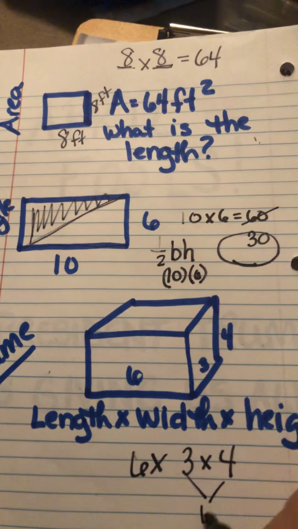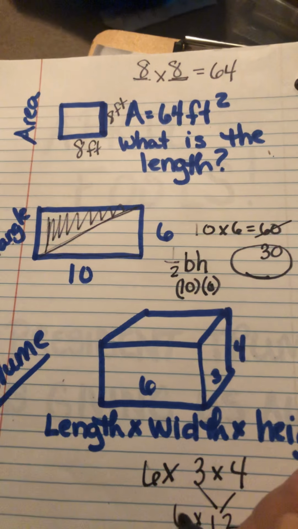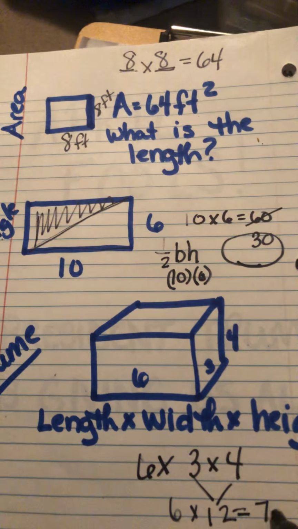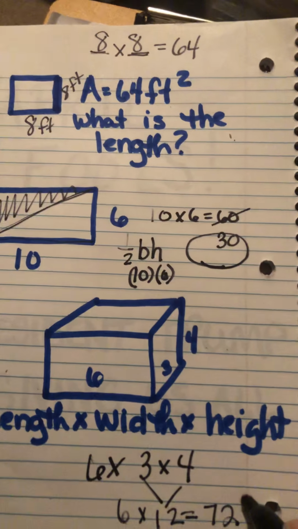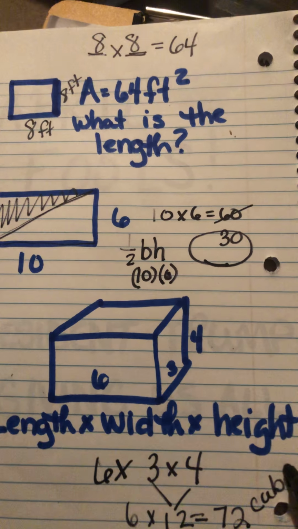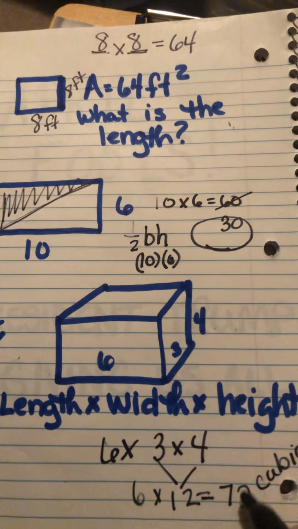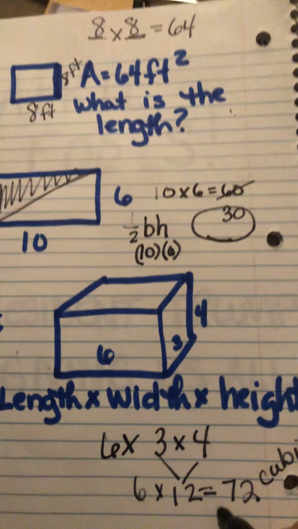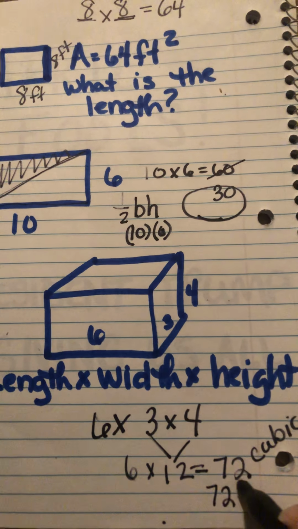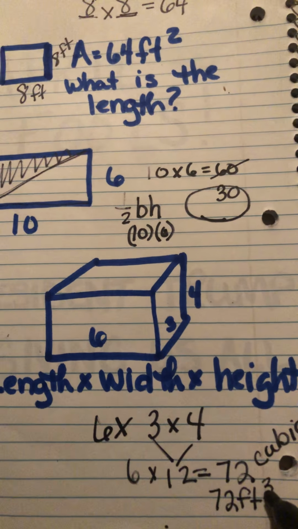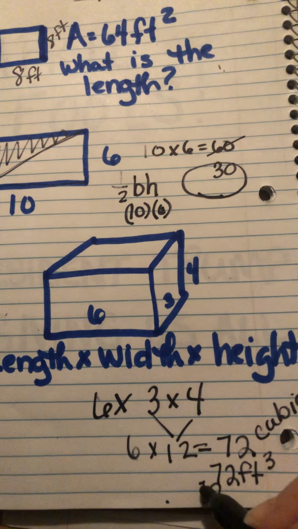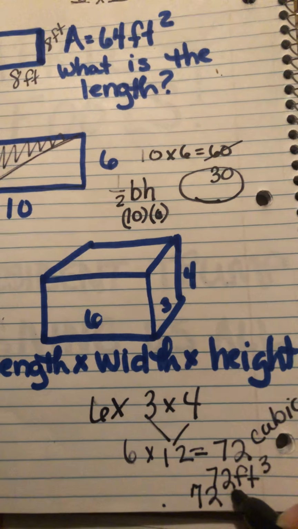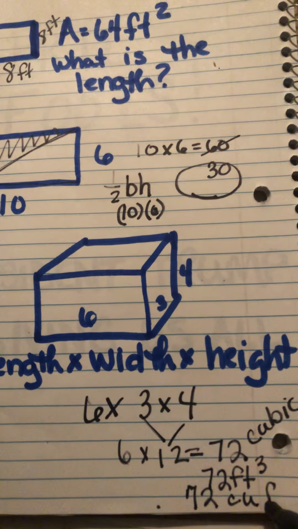But I do know 3 times 4 is 12. And I know 12 times 6 is 72. Now, volume is always cubic. So it could be written 72 feet cubed, or it could be written 72 cubic feet.